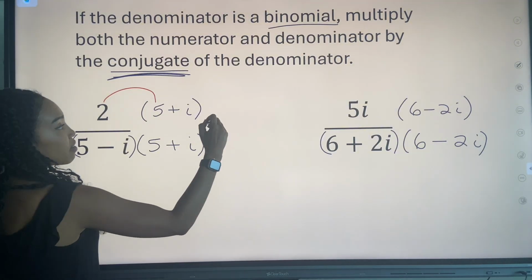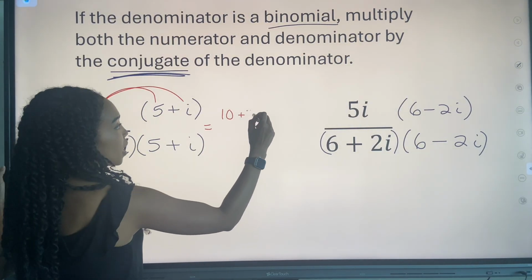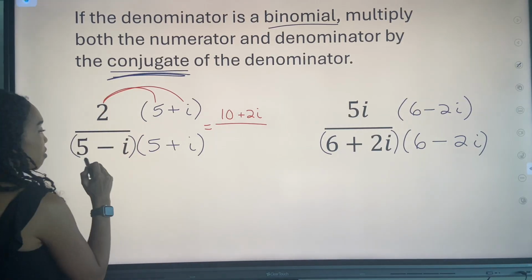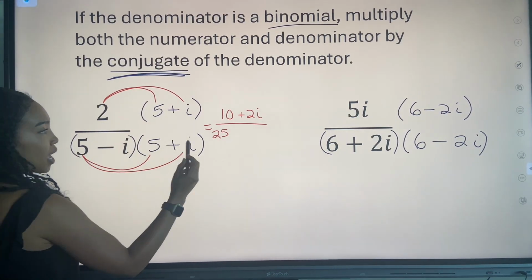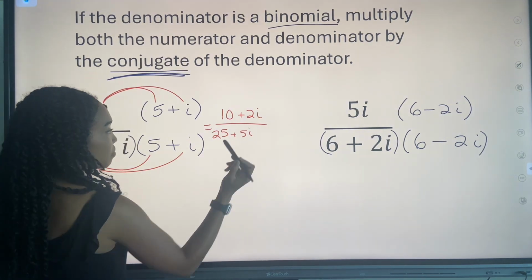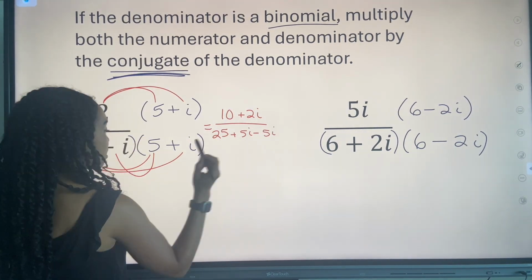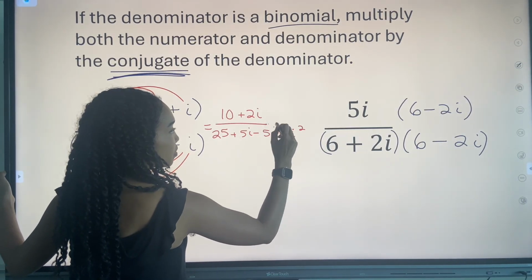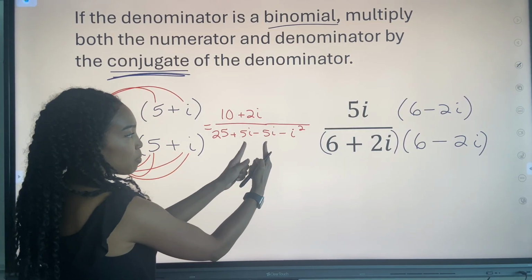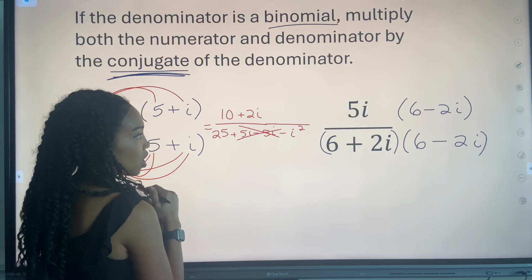2 times 5 is 10. 2 times i is 2i. 5 times 5 is 25. 5 times i is 5i. Negative i times 5 is negative 5i. And negative i times another i is negative i squared. And notice in my denominator, 5i minus 5i is just 0, so that's gone.